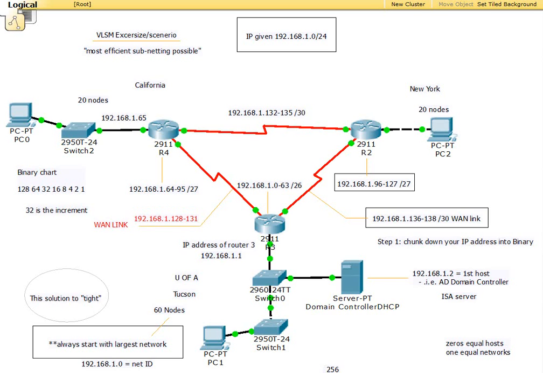If you notice, this 128 picks up where New York left off. So that's just the way I chose to do it. I went from assigning this range to New York, then I came over to this WAN link over here between California and Arizona. The two have nothing to do with each other, it's just the way I did it. So there you go. You have 2 IP addresses for these 2 interfaces, these 2 routers, 2911 routers, which are medium duty routers, I assume.